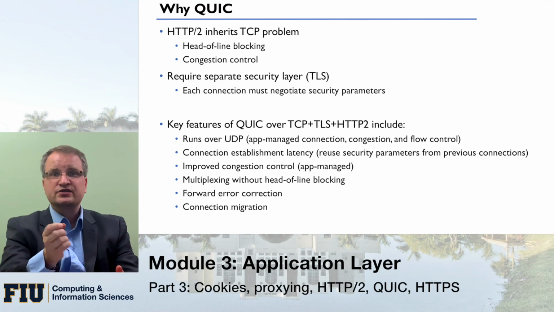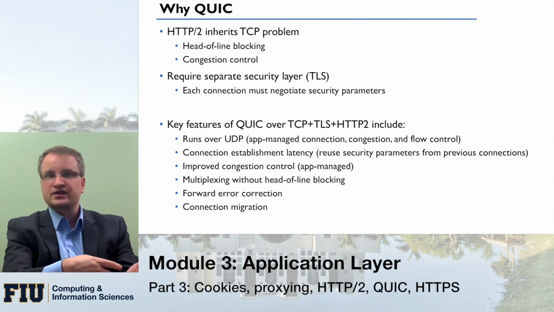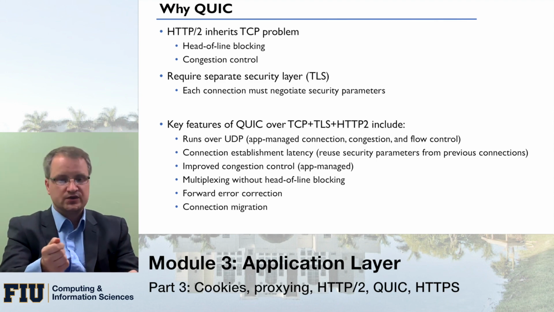With QUIC, they try to optimize this part. They also optimize the establishment of security. One way is that instead of setting up the security session from scratch every time, you remember some of the security properties from the previous connection, and when you go to the same website again, you reuse that information. That's one of the solutions.